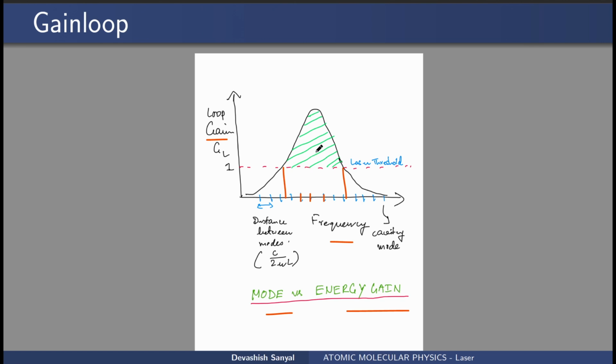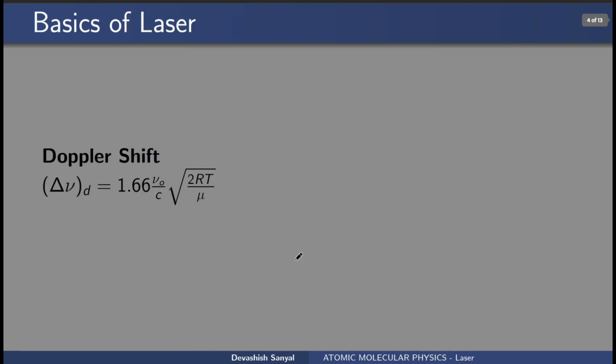So the frequencies represented by the stripes are the frequencies which are suitable for laser light. And you can see this is the distance between modes, and this is going to be c by 2 mu L. We have done this before.